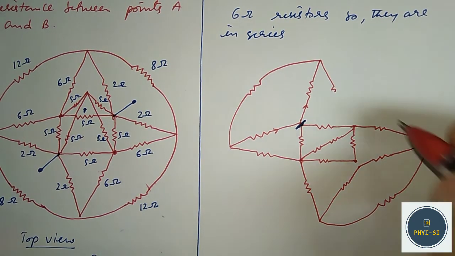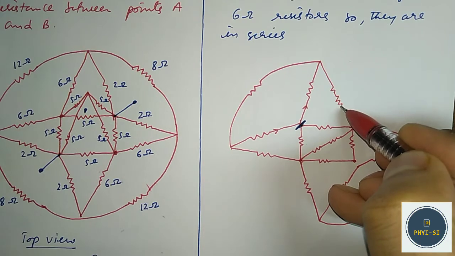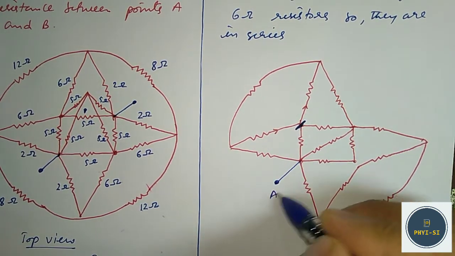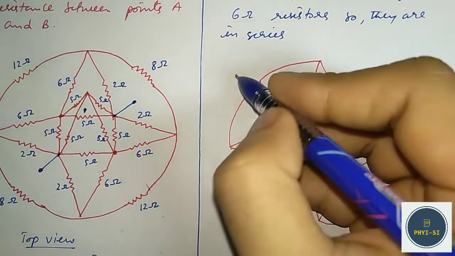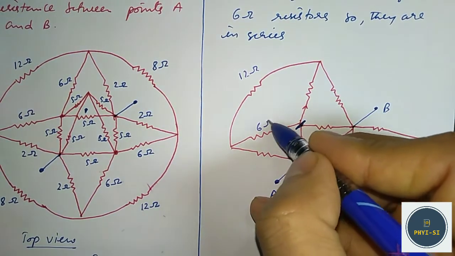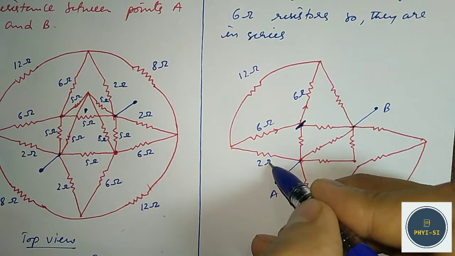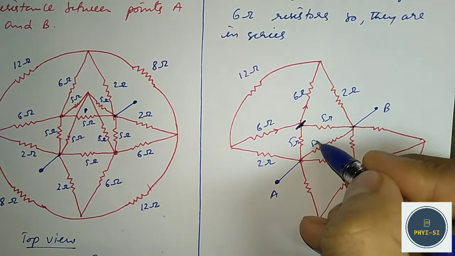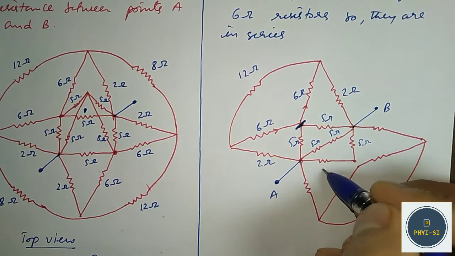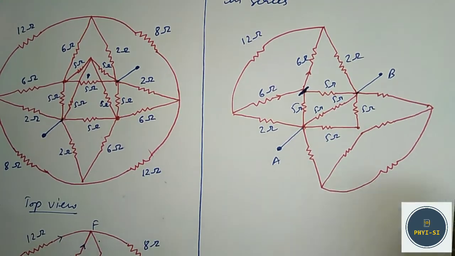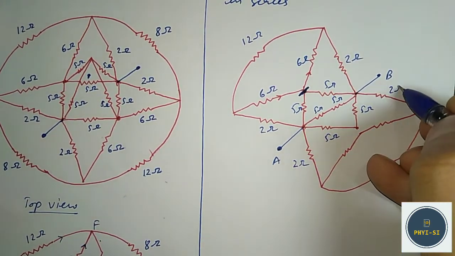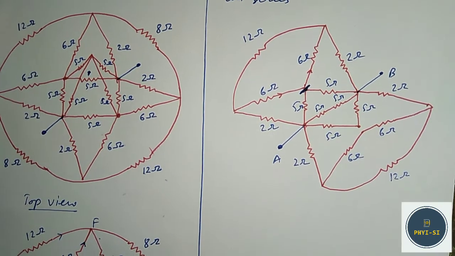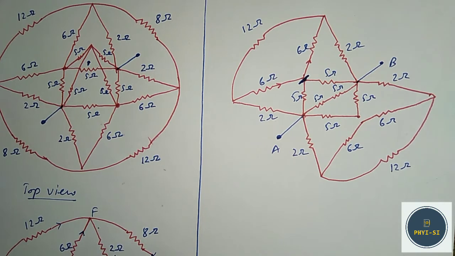Let's draw this. So this is our circuit. Now this is 12 ohm, this is 6 ohm, this is 6 ohm, this is 2 ohm, this is 2 ohm, this is 5 ohm, 5 ohm, 5 ohm, 5 ohm, and this is also 5 ohm. And this is 2 ohm, this is 2 ohm, this is 6 ohm, this is 6 ohm, this is 12 ohm. Now it is very easy to solve this problem.